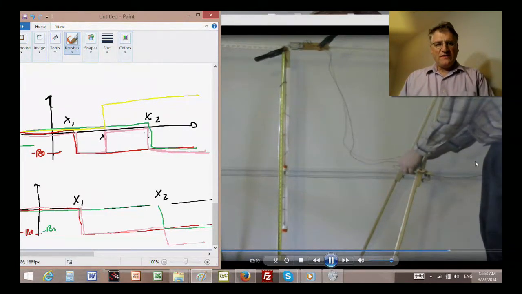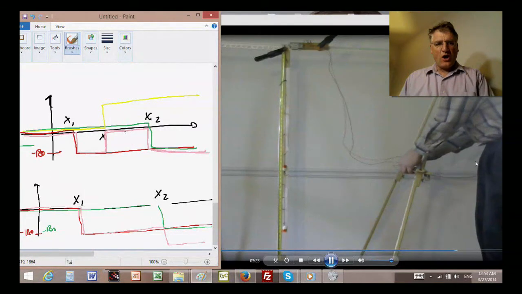Okay, this guy now gets in opposite phase compared with the excitation, while the other goes into phase with the excitation, while the other is still in opposite phase.